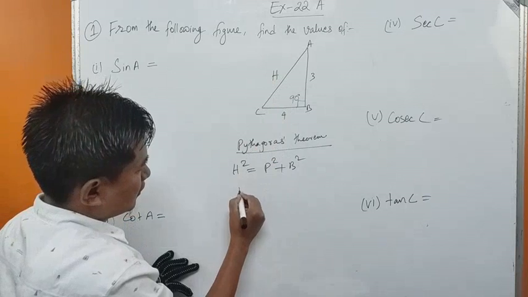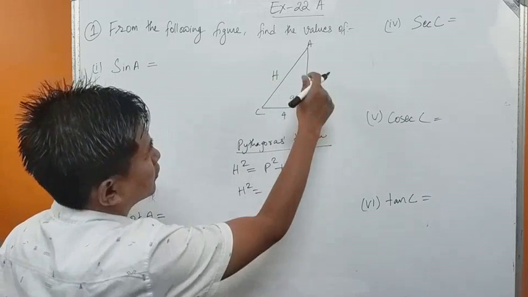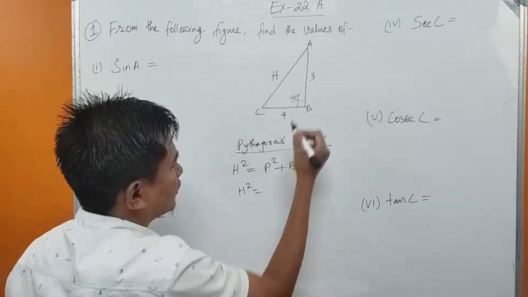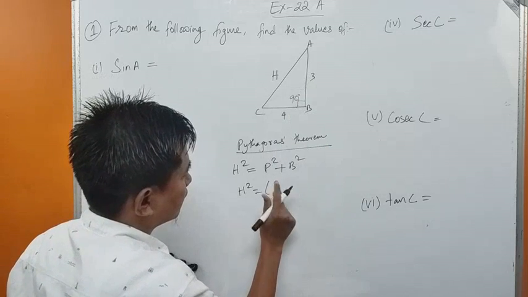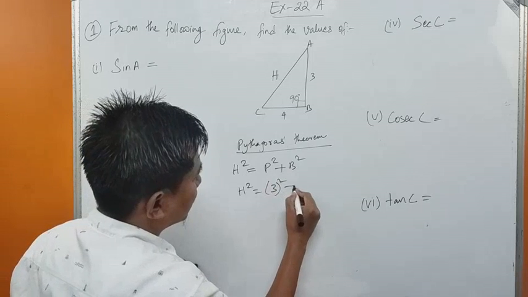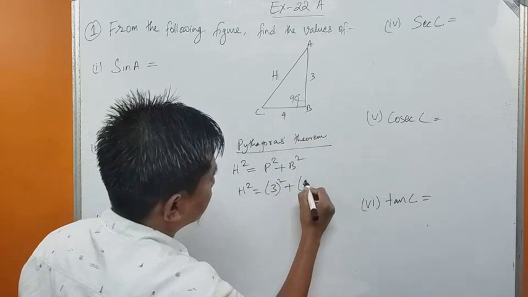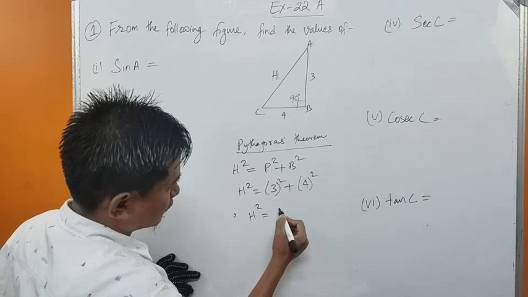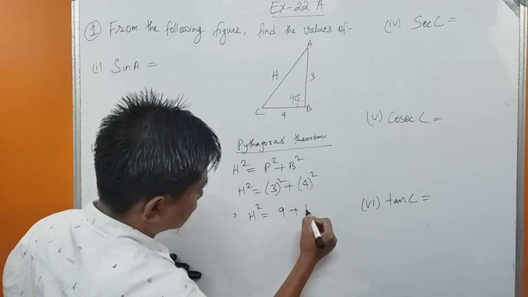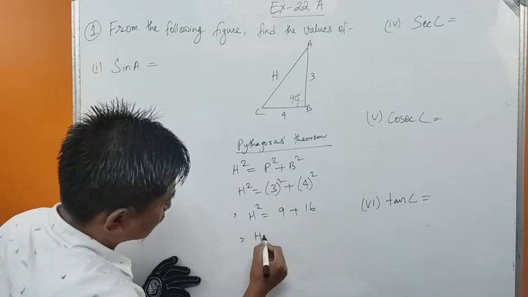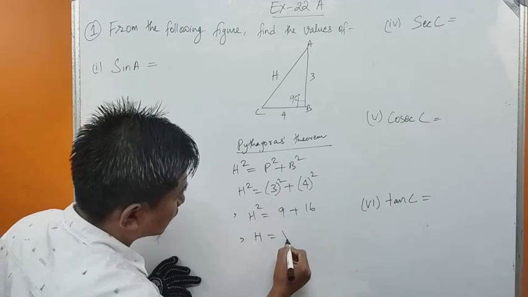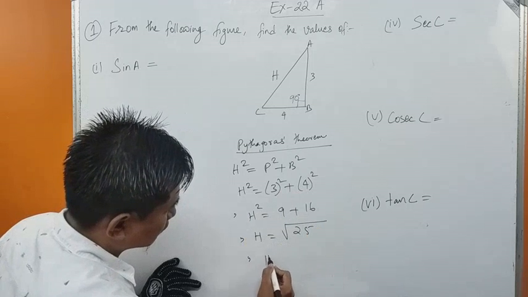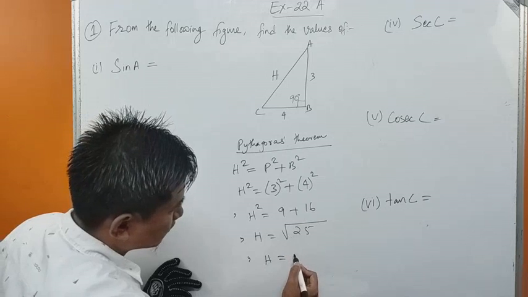So h square equals, among these two sides we can choose any side as perpendicular. So 3 is perpendicular, 3 square plus base 4 square. h square equals 9 plus 16. Taking the square to the right hand side, h equals root under 25, which is 5.